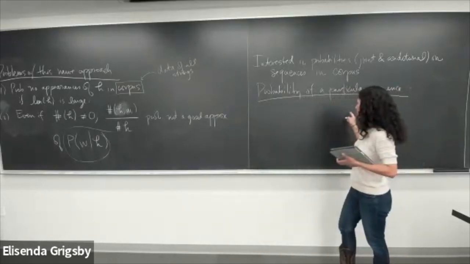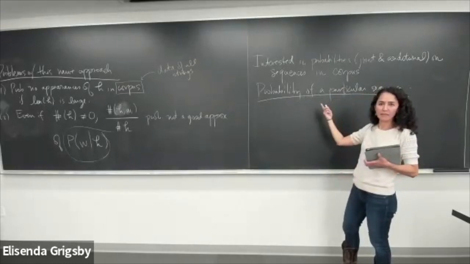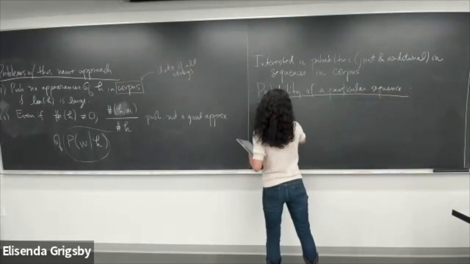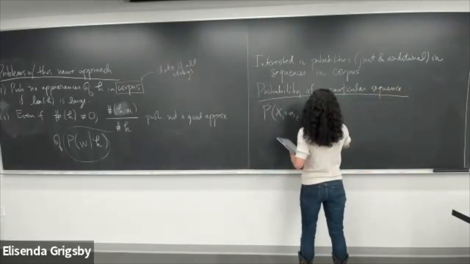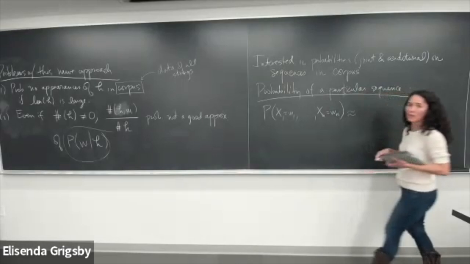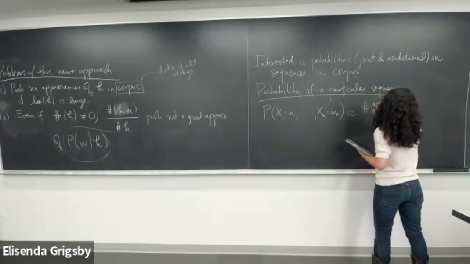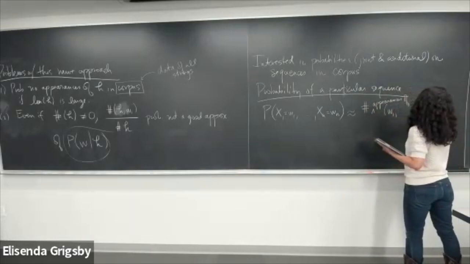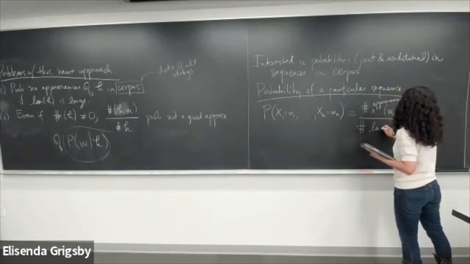If you think of the positions in the sentence as being random variables that can take on any value in the set of tokens, then some expression like this, you would hope in a sufficiently large corpus to be something like the number of appearances of the string W1 through Wn divided by the total number of length n strings.